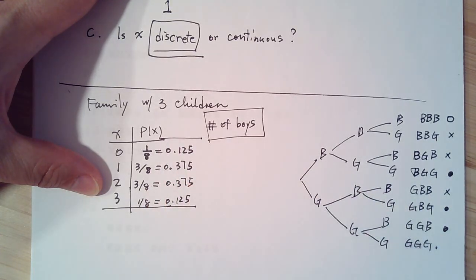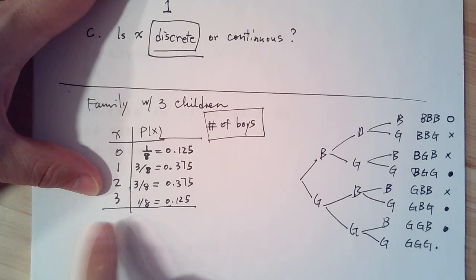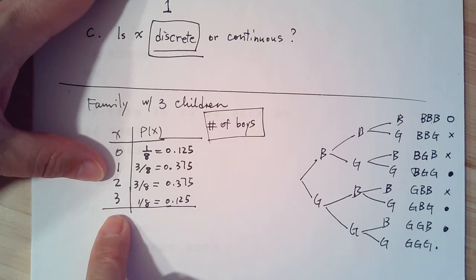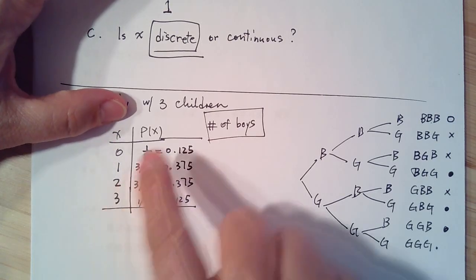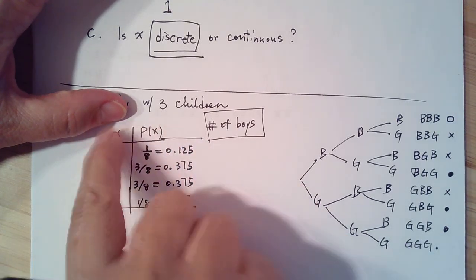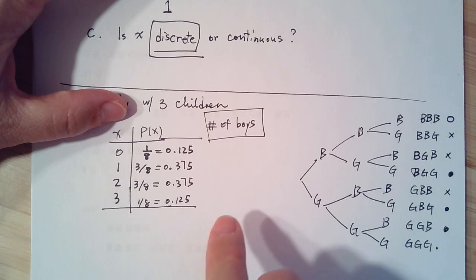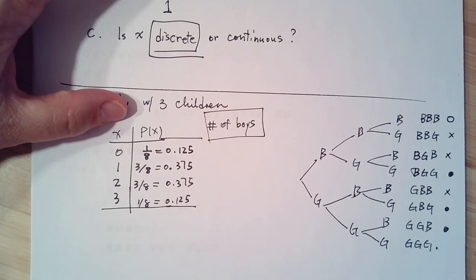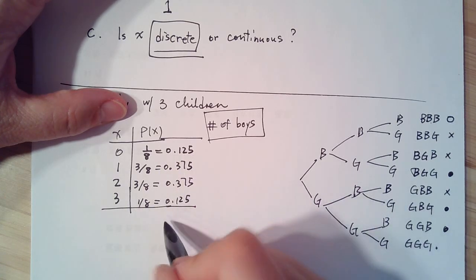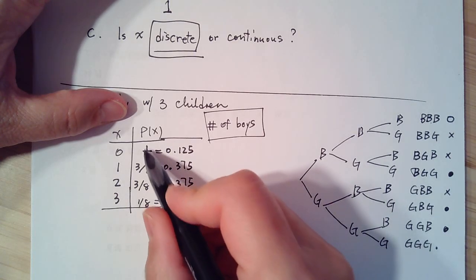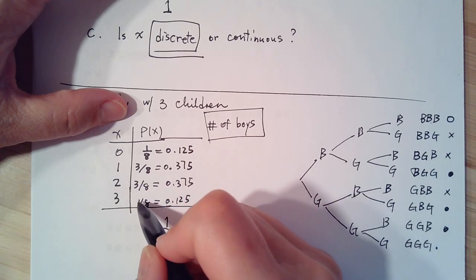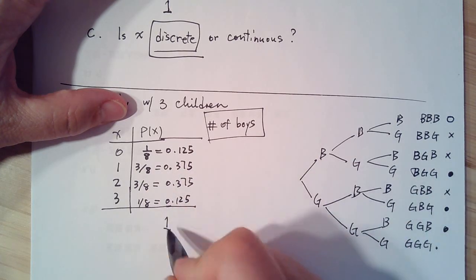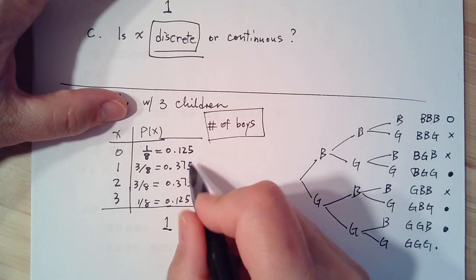Is this a probability distribution? Number 1, x is a random variable and x is numerical: we have 0, 1, 2, 3, and p of x is the probability associated with each x. So requirement 1 is good. Number 2, all the probabilities add up to 1. That's 1/8, 3/8, 3/8, 1/8, which adds up to 8/8, which is 1. Or add all the decimal forms and you'll see it's 1 too.